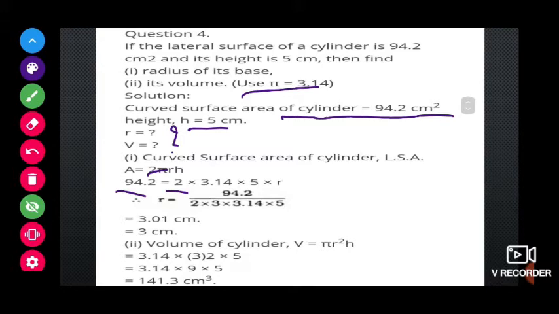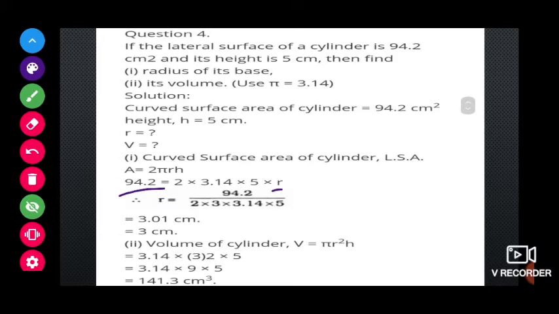But sometimes they will mention that pi value should be taken as 3.14. So here they mentioned to take pi as 3.14. So area 94.2 is equal to 2 into pi value 3.14 into 5 into r. Now we want the value of r.